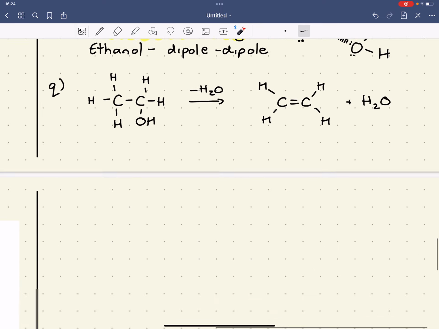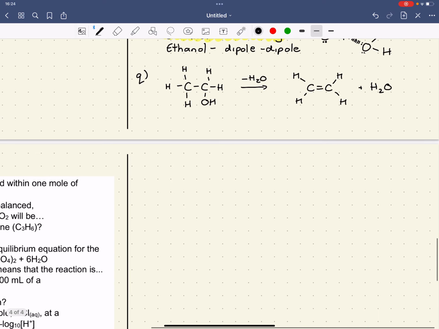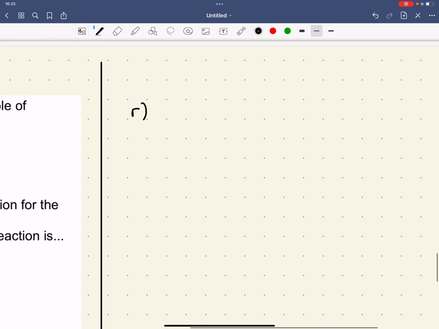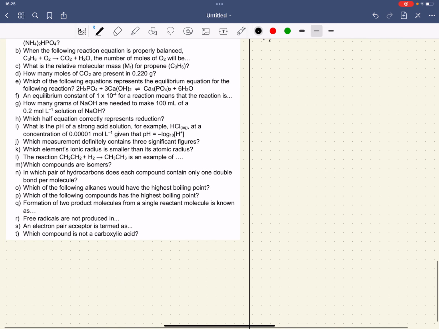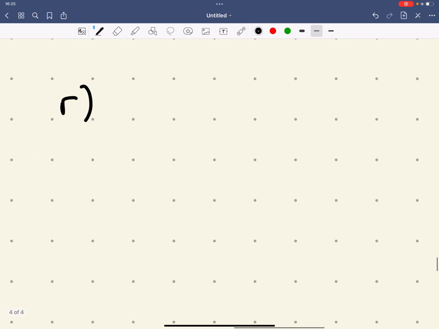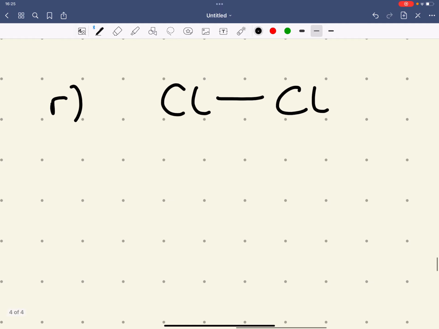Okay, question 18, or part R. It says free radicals are not produced in, and you've got options of initiation, propagation, termination, or all above. Very quickly, an initiation step will form free radicals.